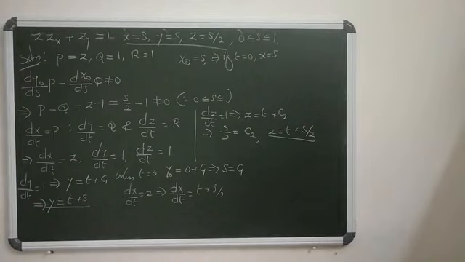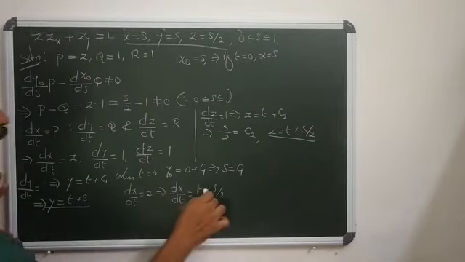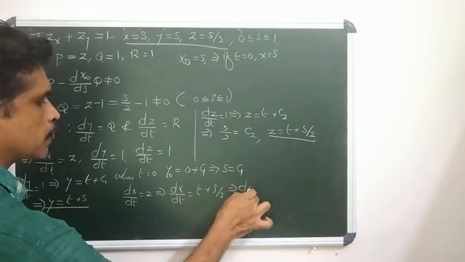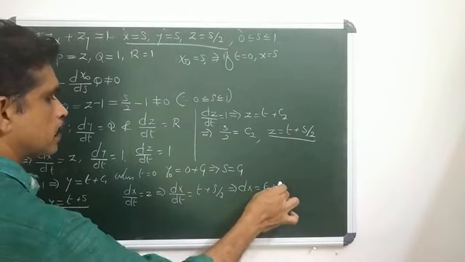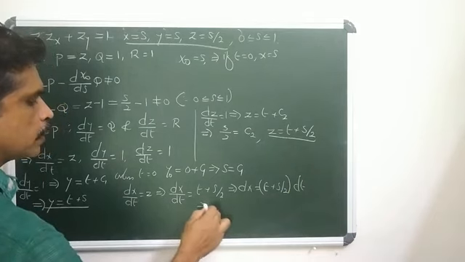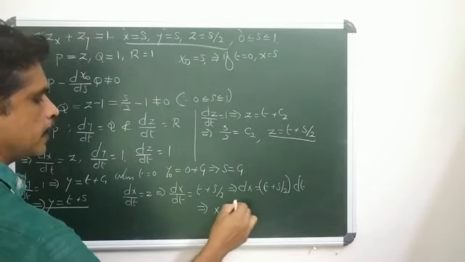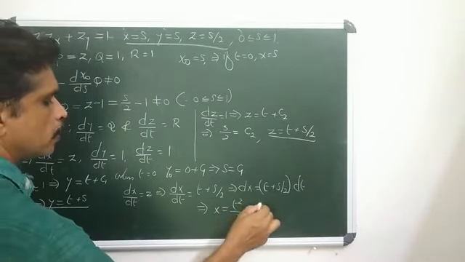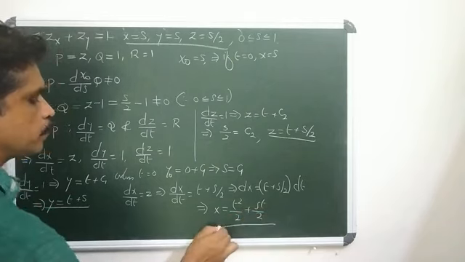So dx equals t plus s by 2 into dt. So on integration, what do you get? X equals t square by 2 plus st by 2.